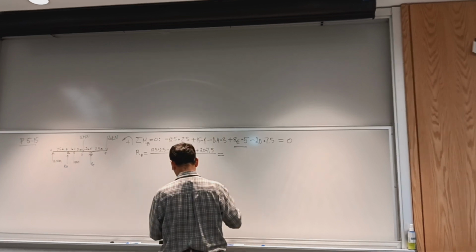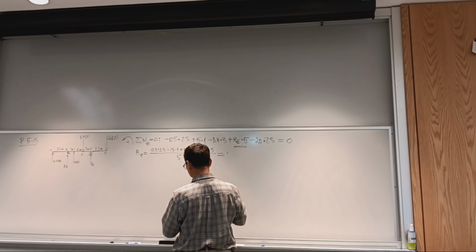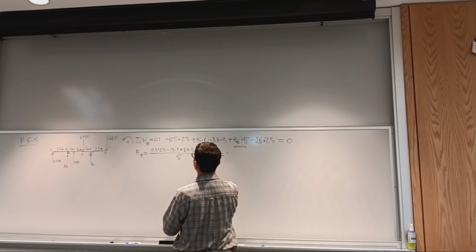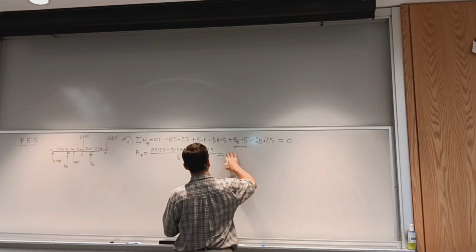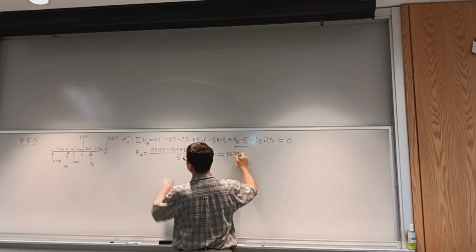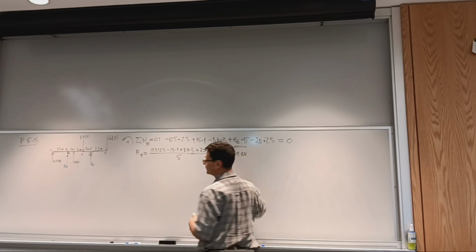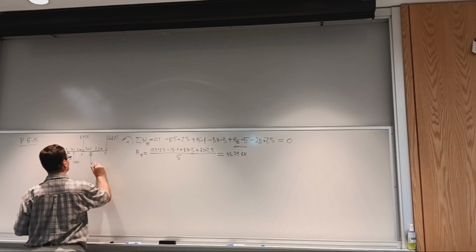So this is 191.45. I divide by 5? I think I did. Or have I? Okay, over 5. So 38.29. This will be the reaction at E, in kilonewtons. Is that correct? Thank you. So let's put it on the actual diagram.